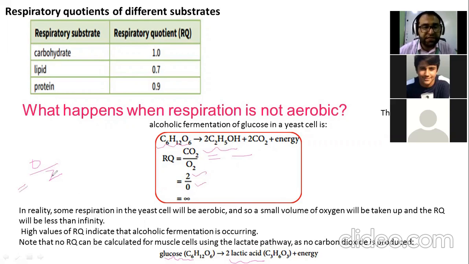And even here there is no 2, no need of 2, because no oxygen is utilized. So we take it as 0 by 0, and 0 by 0 means nothing. No RQ can be calculated for muscle using the lactic pathway, because there is no utilization of oxygen and no carbon dioxide is produced.